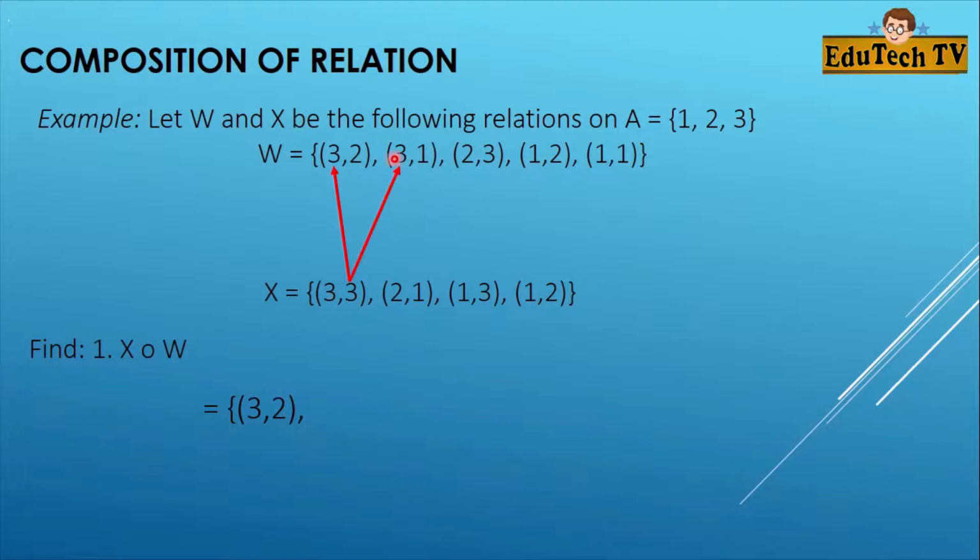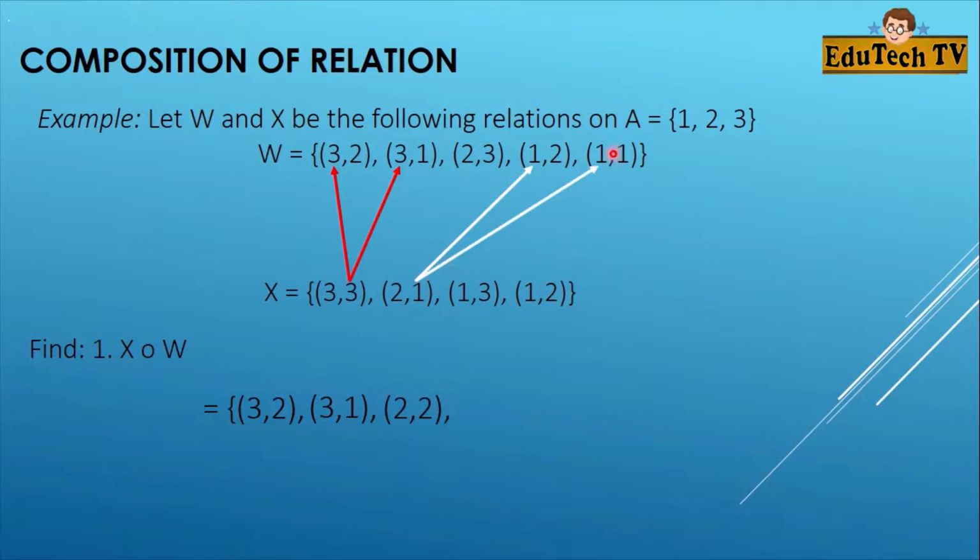We have 3, 3 and then 3, 1. So we have 3 and then 1. Next, proceed with this ordered pair. We have 2, 1, so we'll have this 2, 1, 1, 2. Since 1 and 1 is common, then we have to get the first element in X, the second element for W. We have 2, 2.